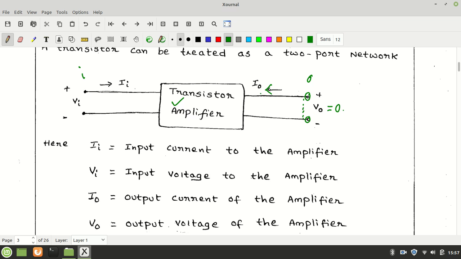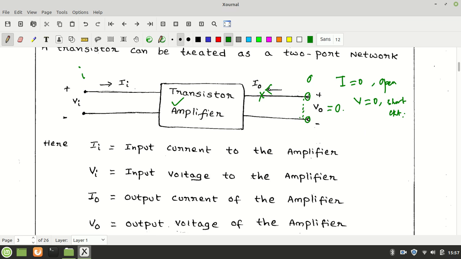If I open this point, that is if we disconnect this point or cut with a scissor, then no current will flow, that is IO will be 0. So any current equal to 0 means open circuit, and any potential difference 0 means short circuit.